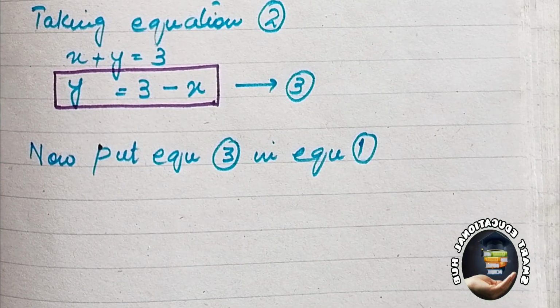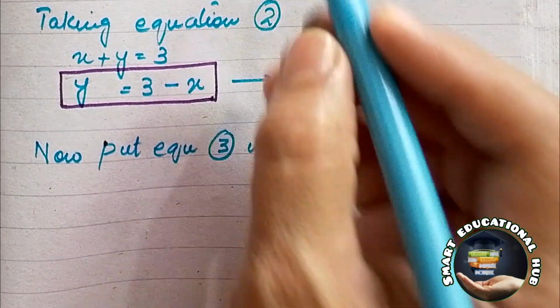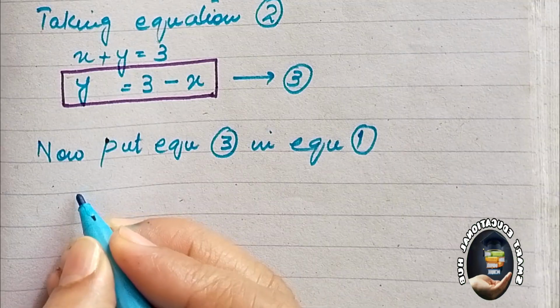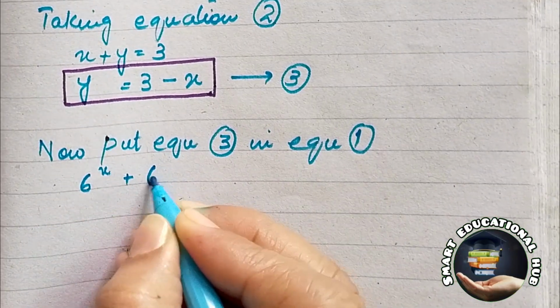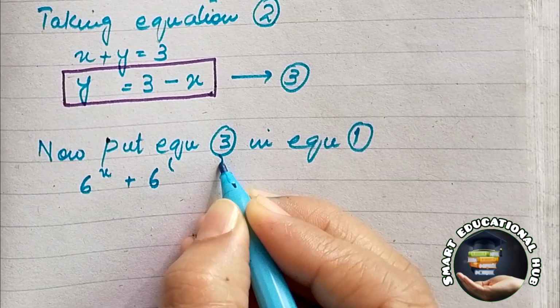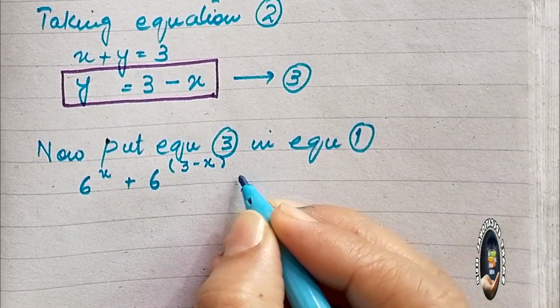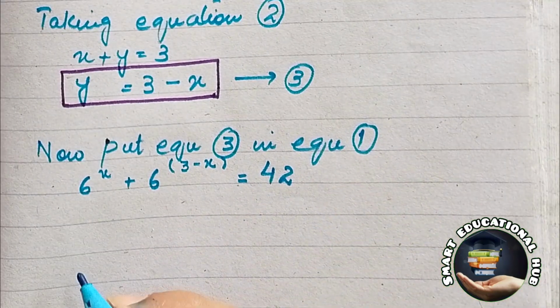Then we get 6 to the power x plus 6 to the power 3 minus x equals to 42, right? So 6 to the power x plus 6 to the power 3 minus x, which is the value of y, equals to 42, right?